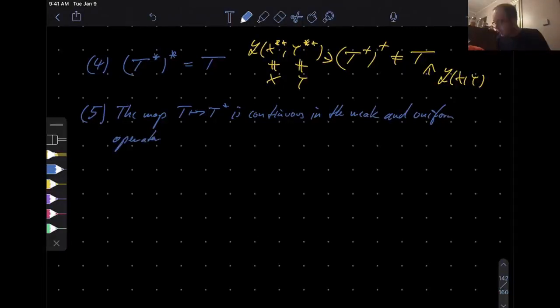Now that's fancy language for a very simple property. I will explain once we prove it.